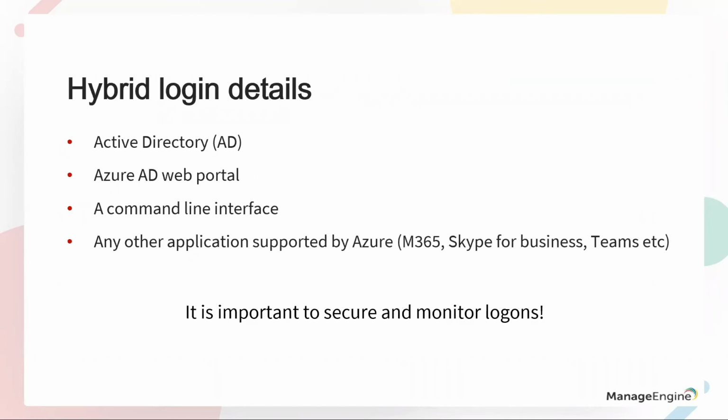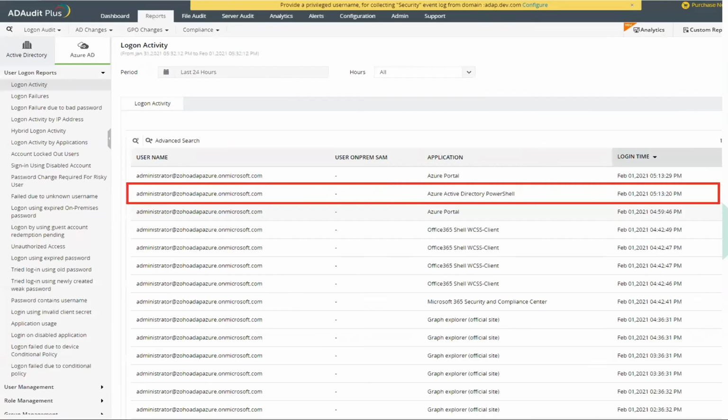Hybrid logon details, as I promised: through Active Directory, I could log in through the Azure AD web portal, a command line interface, any other application supported by Azure, M365, Skype for Business, Teams, etc. So it is important to secure and monitor logons. As I showed you before, the importance of hybrid logon details: knowing if it was a login failure or login using on-premise passwords, guest accounts redemption pending, tried logging in using old passwords, expired passwords, newly created weak passwords.